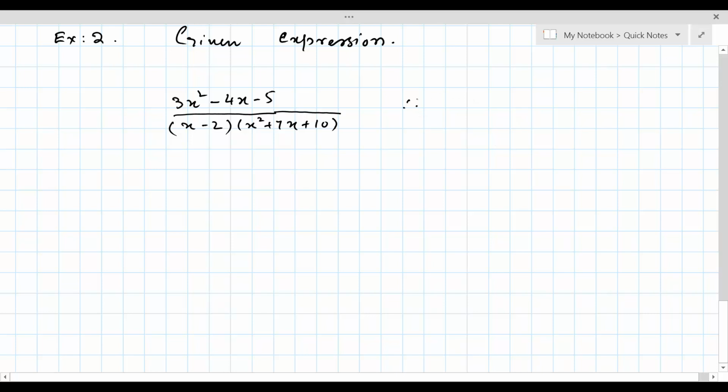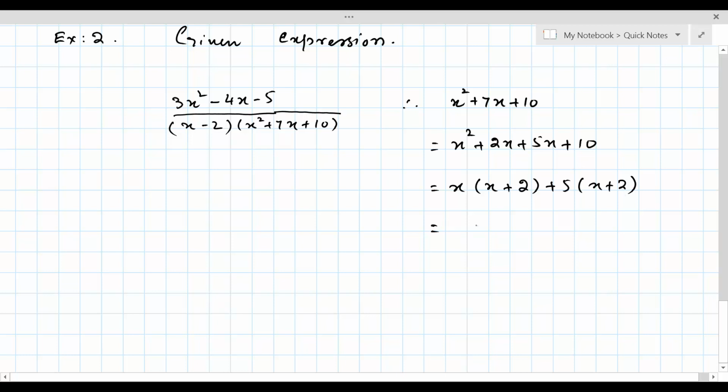Since x square plus 7x plus 10 is equal to x square plus 2x plus 5x plus 10, this means this is equal to x into x plus 2 plus 5 into x plus 2 equal to x plus 2 times x plus 5.